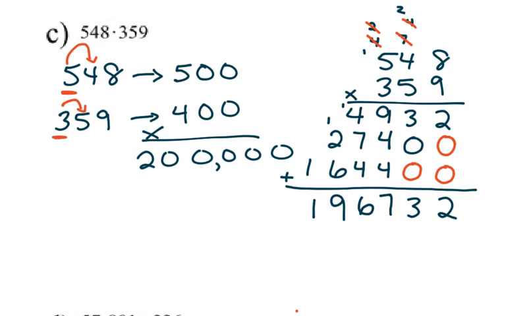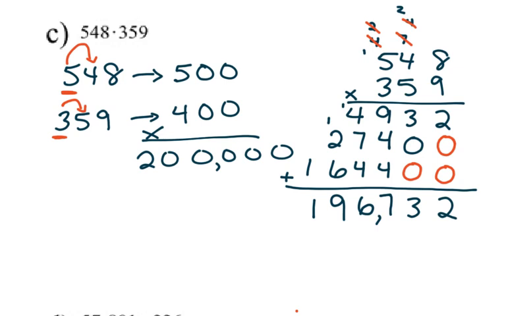And so the exact answer for 548 times 359 is 196,732.